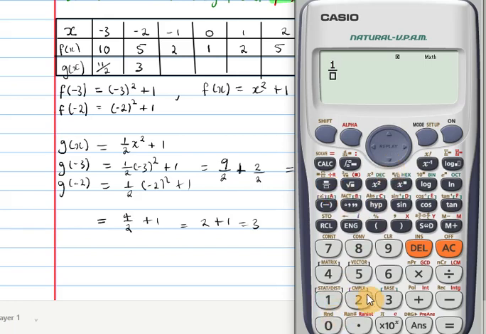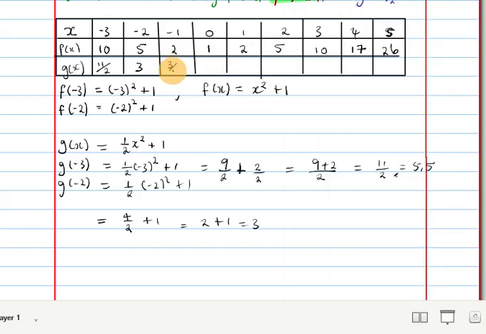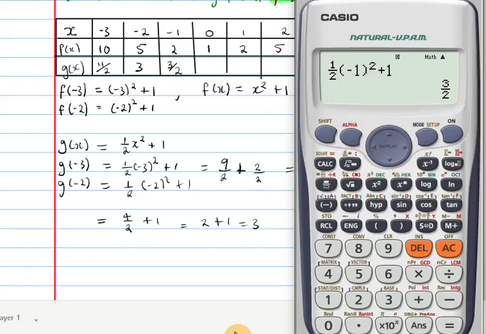We have 1 over 2, open bracket, because we know the output when the input is minus 1. What if the input now is minus 1? Square it, and then you add 1. So what do you get? 3 over 2. Okay, meaning here put 3 over 2.